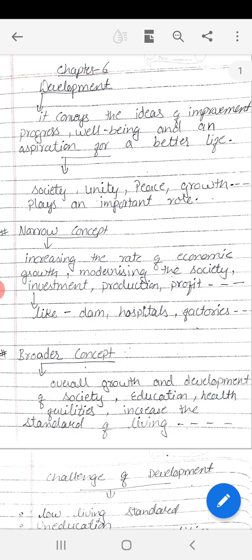In its narrow sense, the term development refers to more limited goals, such as increasing the rate of economic growth, or the modernization of the society. The models of development which have been adopted in different countries have become the subject of debate and criticism, and alternative models have been put forward.